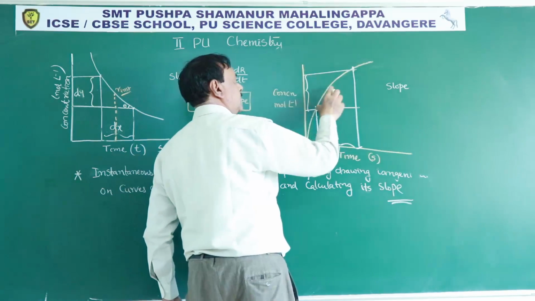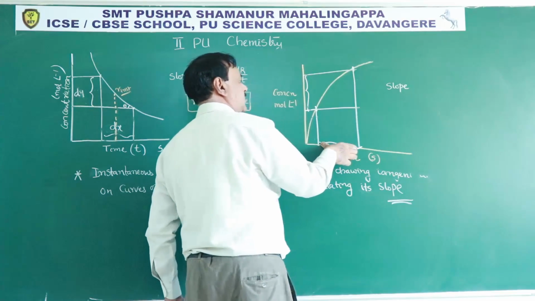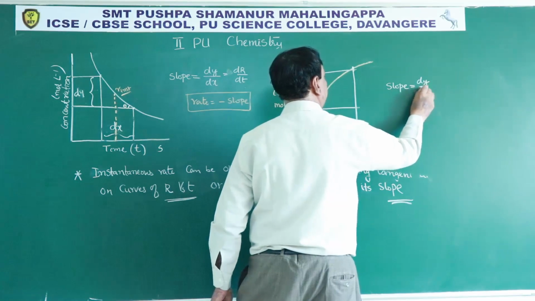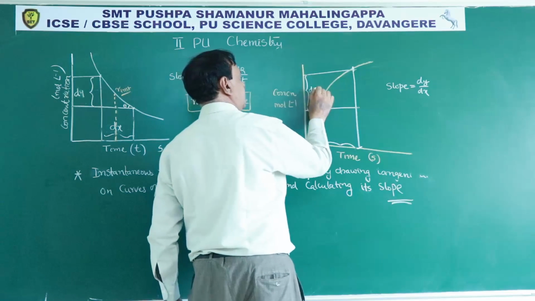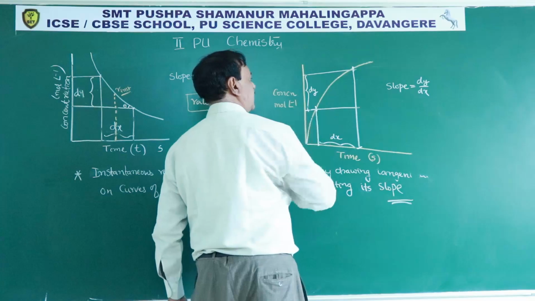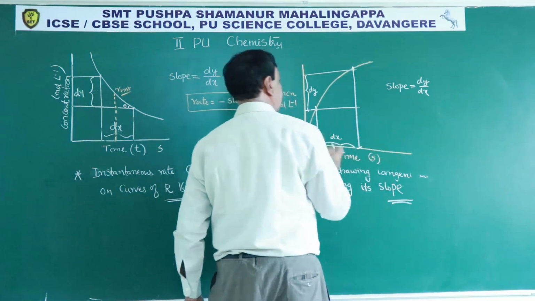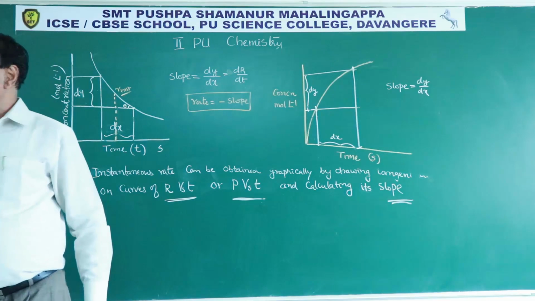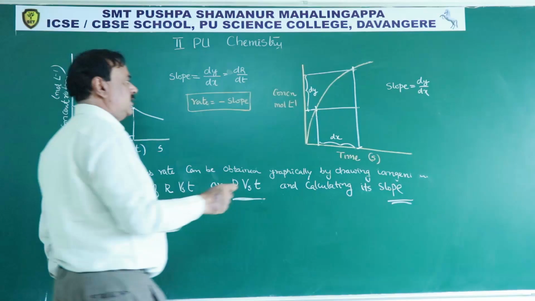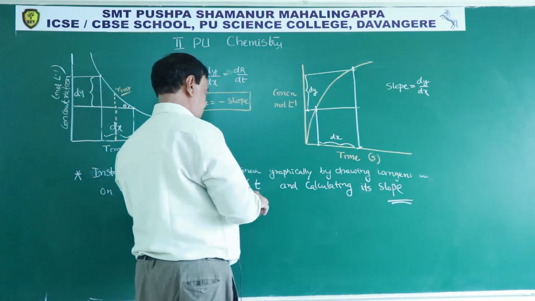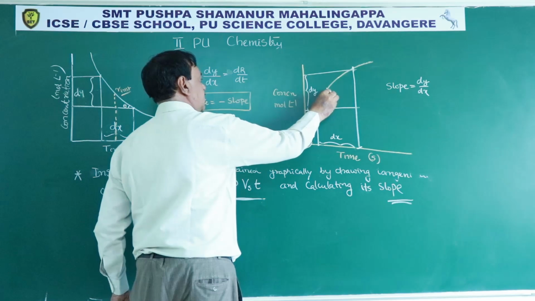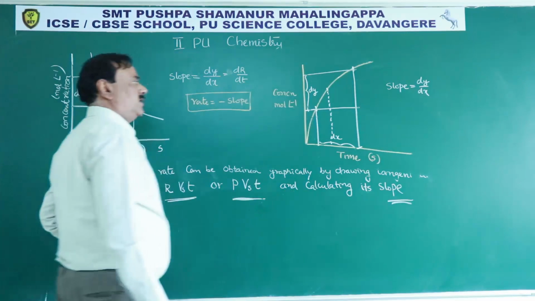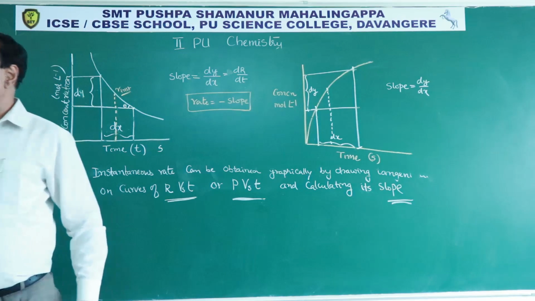This is the difference with respect to this time, that is dy by dx. This is the dy value and this is the dx value. That is a positive slope for the product side, whereas for the reactant side it is a negative slope. Then keep any point on this graph, that is R instantaneous, the rate of the chemical reaction.